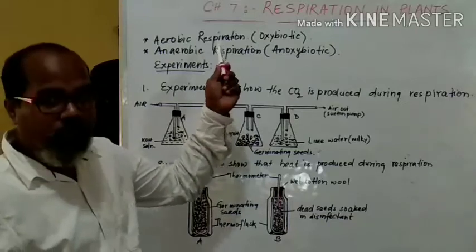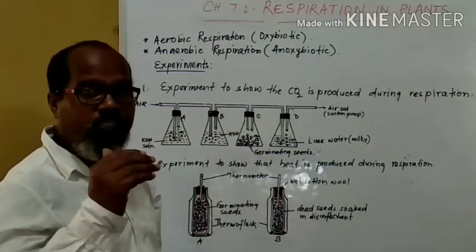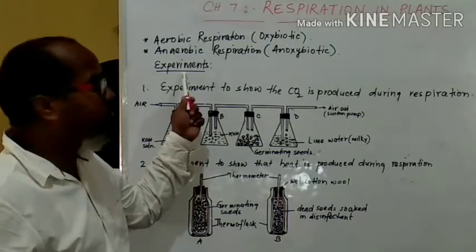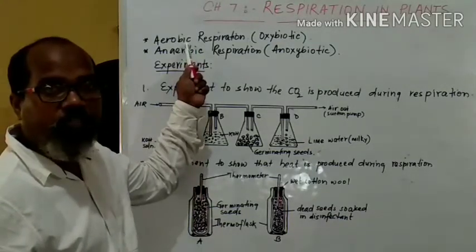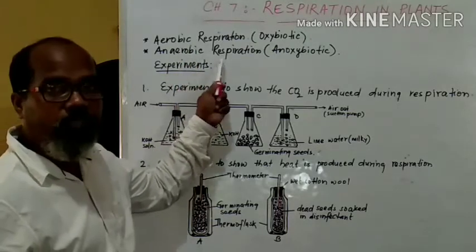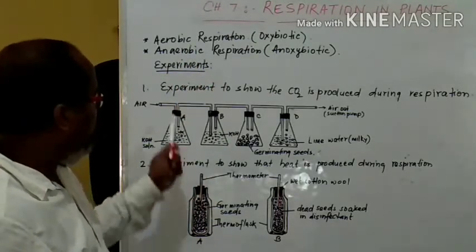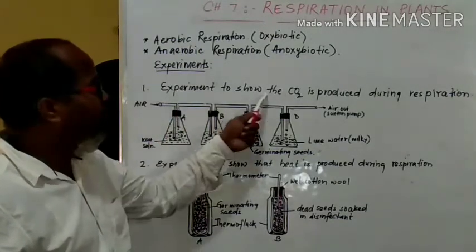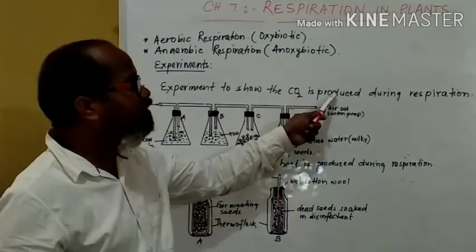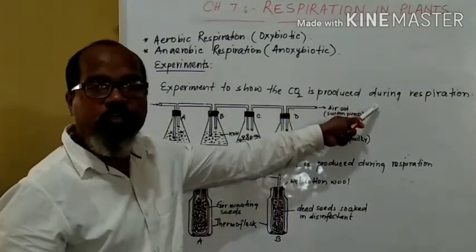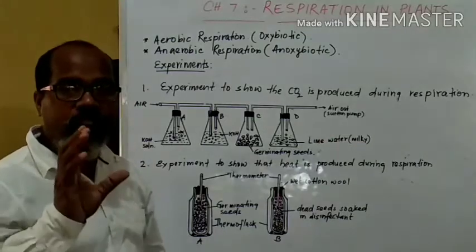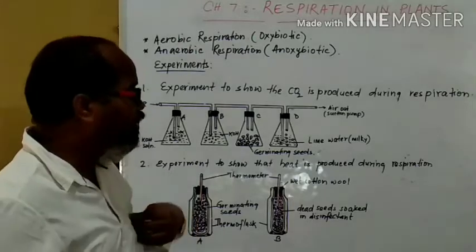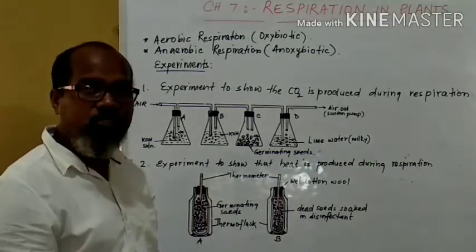Now we will try to explain and find out through various experiments about aerobic respiration and anaerobic respiration. In the first experiment, the aim is to show that carbon dioxide is produced during respiration. In the previous video, we discussed that one of the products is carbon dioxide.